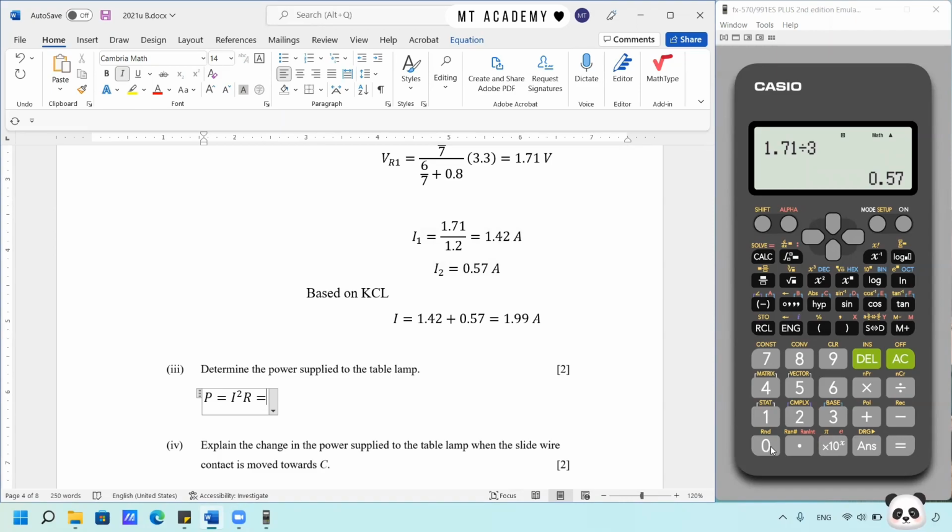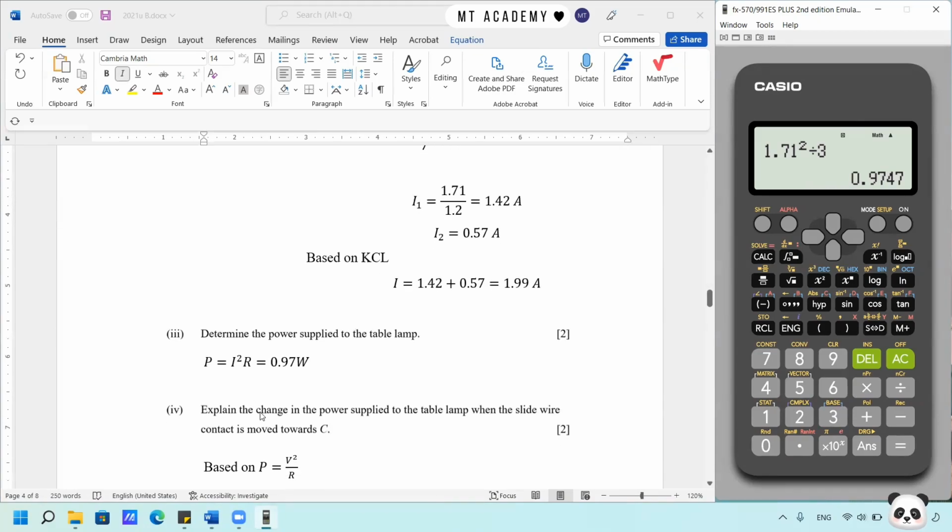If you're not sure, you can just use V squared over R for safety. So 0.57 squared multiplied by the resistance 3 ohm, and you obtain 0.971. You can also check that with V squared over R, 1.71 squared divided by the resistance, and you also obtain the same answer.